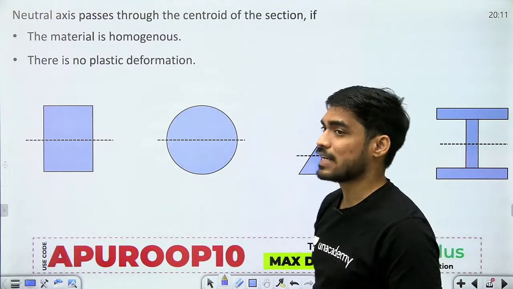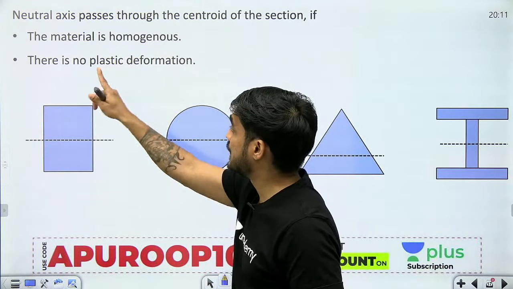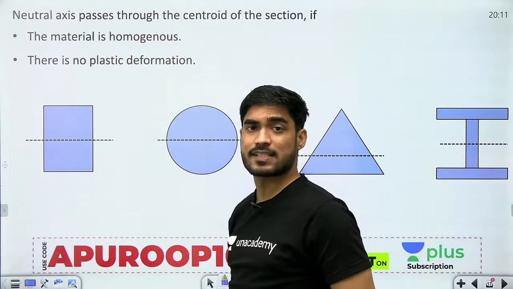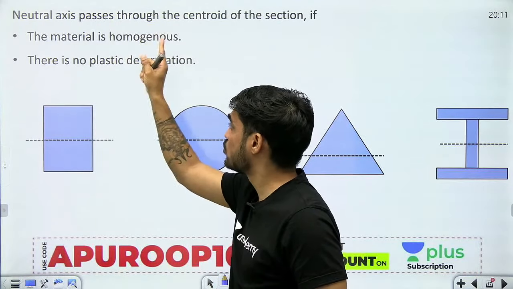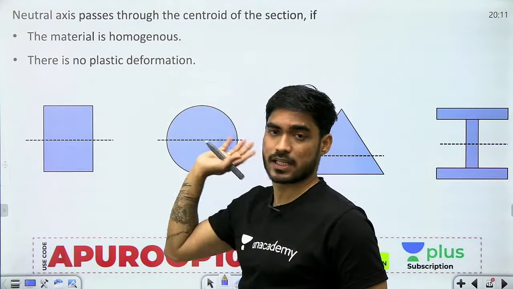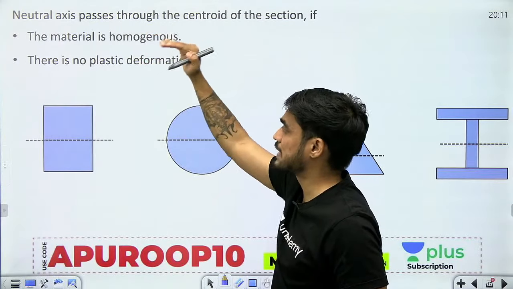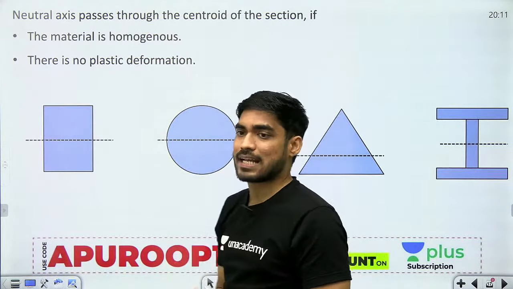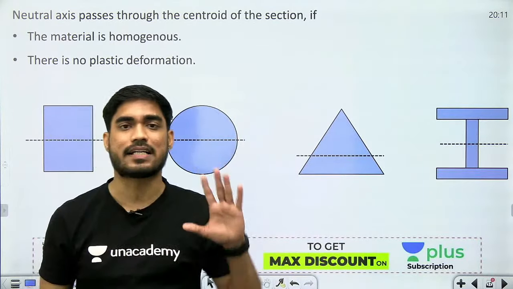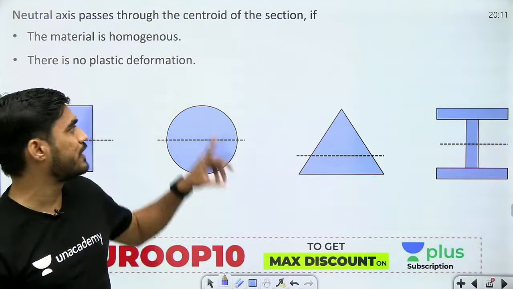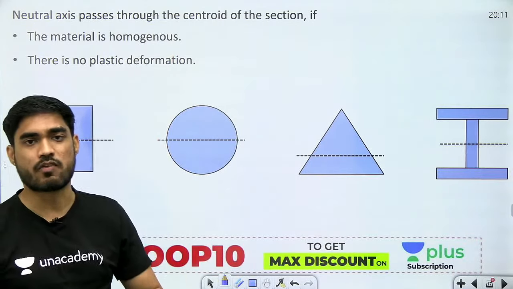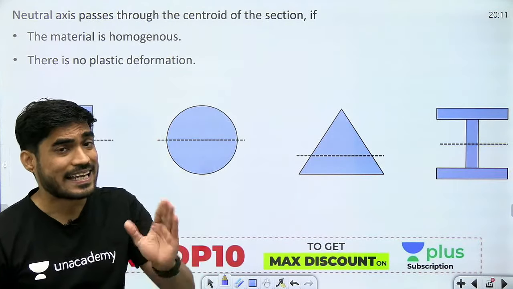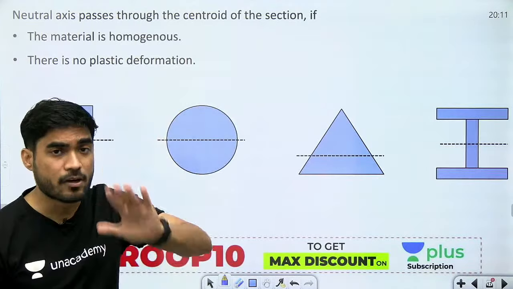Now what are those conditions? Understand, the material is homogeneous and there is no plastic deformation. If these two conditions are satisfied, then the neutral axis passes through the centroid of the cross section. Otherwise, if these conditions are not satisfied, the neutral axis can be above or below the centroid.